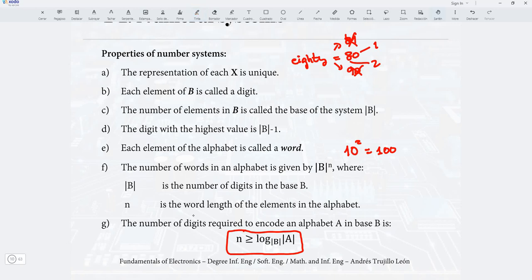We are going to see this when using different alphabets and different bases, but it's quite simple. N has to be equal to or larger than the logarithm in base 10 of the cardinal of A, that is 100 elements, and this is 2. So we are using 2 digits, 2 symbols of B, to encode the words of the alphabet.